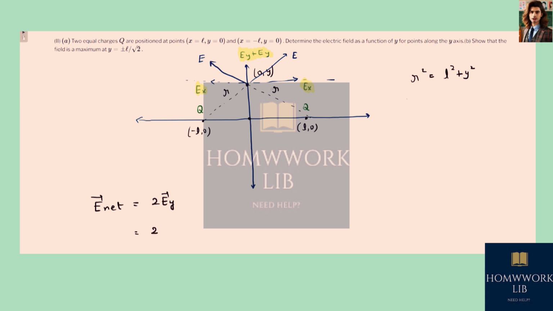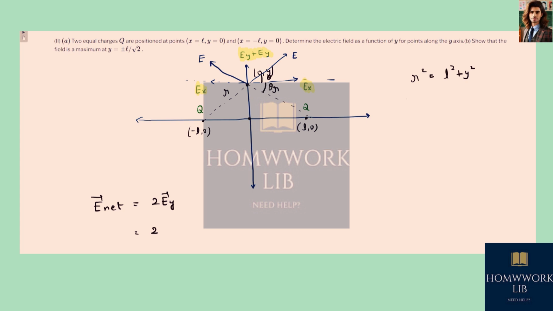For that, we need to work a little bit on the angles. Let's say this is the angle theta. This angle is also going to be theta, because this is a symmetric figure.